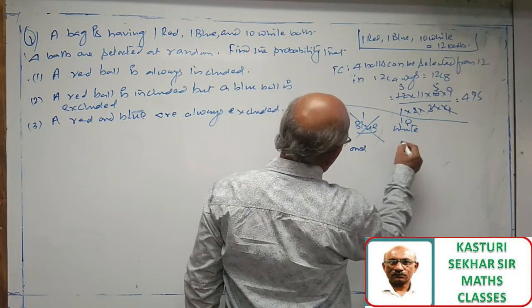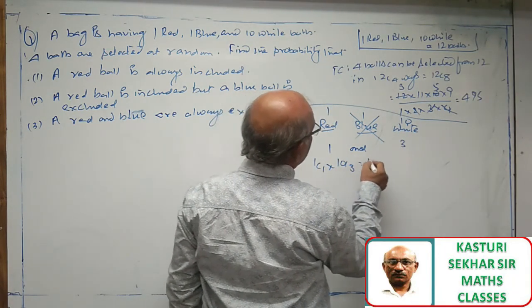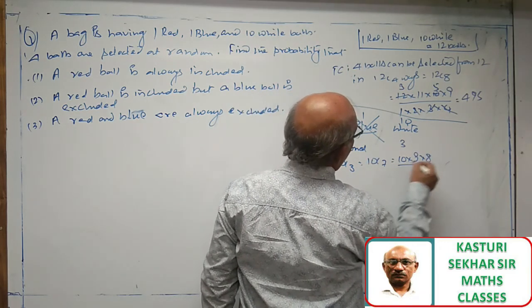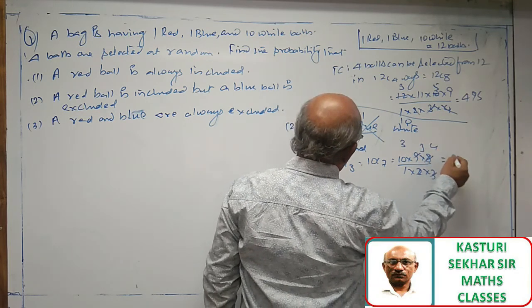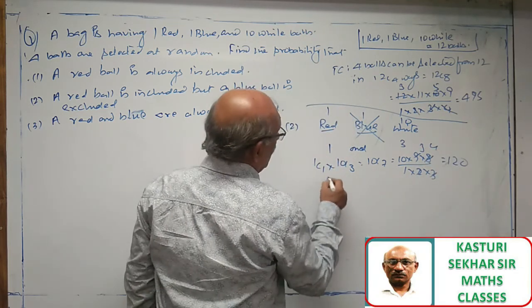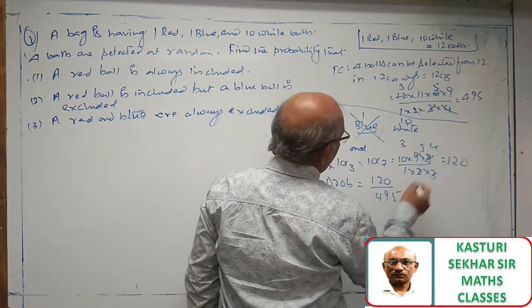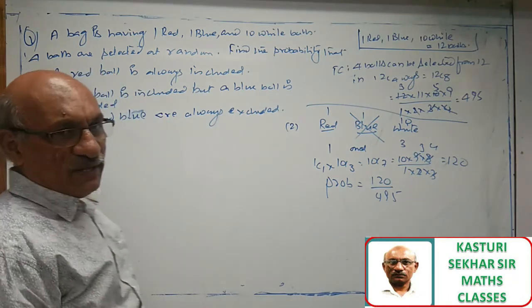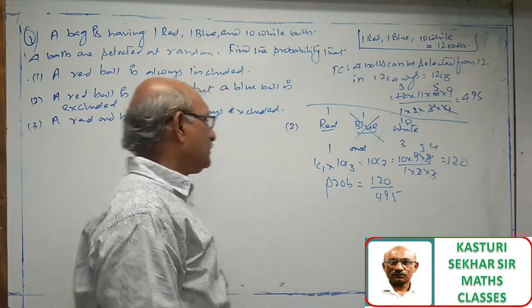So 1 and 3. 1C1 into 10C3, 10 into 9 into 8 by 1 into 2 into 3, 120. Probability is equal to 120 divided by 495. Using your calculator, you can further simplify.